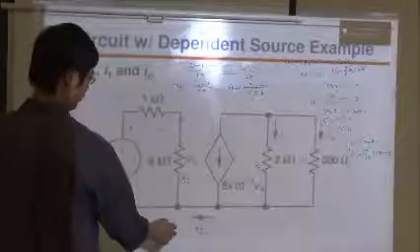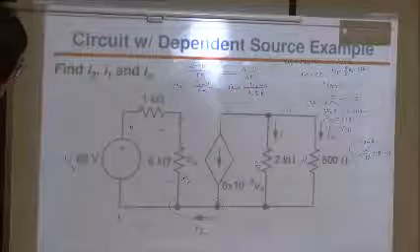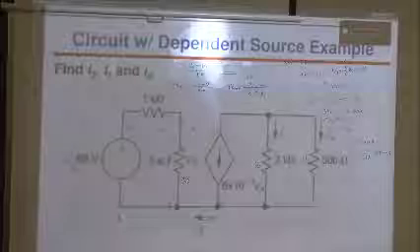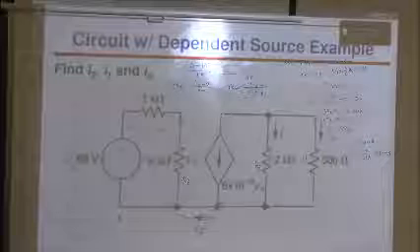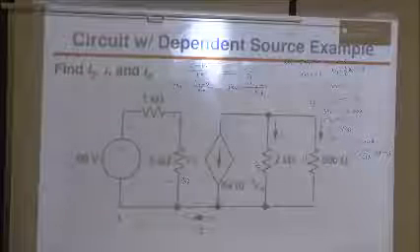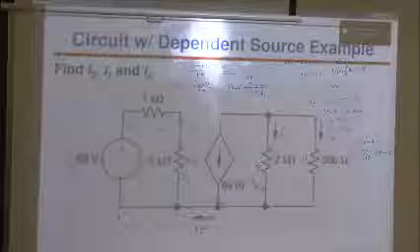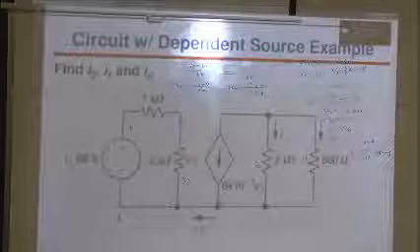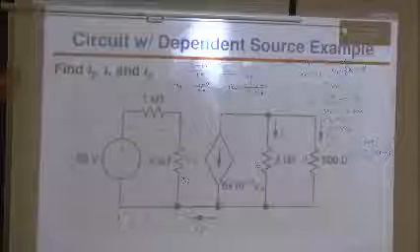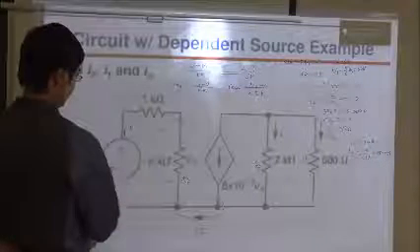So then we need to find a KCL equation for this node, right? We know the current of this guy has to equal the current of this guy, right?